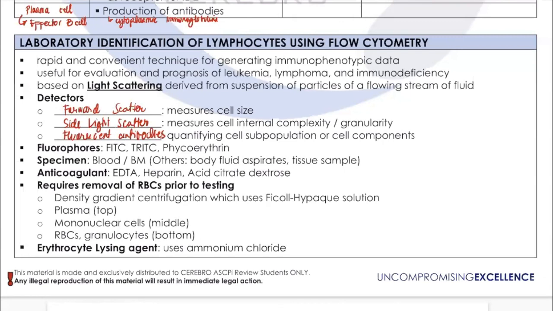The specimen for this procedure could include blood, bone marrow, and other body fluids such as aspirates and tissue samples. The anticoagulant we can use is EDTA. Take note that EDTA is the anticoagulant of choice for blood samples.